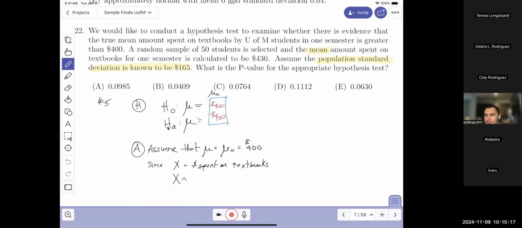And X, we can either assume it to be normally distributed, or we can just say X has a mean of 400. Well, let me write it. And they tell you it has a standard deviation of 165. They don't tell you the distribution of X. Okay, but that's okay because we got a sample of 50, which is greater than 25, which allows us to use the central limit theorem.